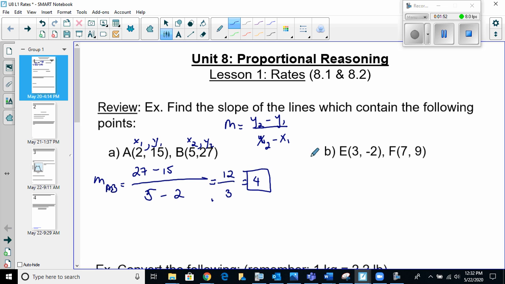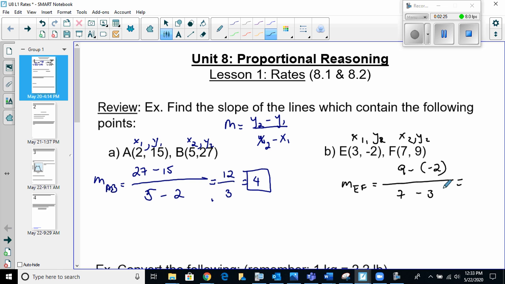On the second case, with points E and F, again this will be x1 and y1, and this is x2 and y2. So for EF, the slope will be 9 minus negative 2 over 7 minus 3. What is important is which one you assign as 1 and 2.